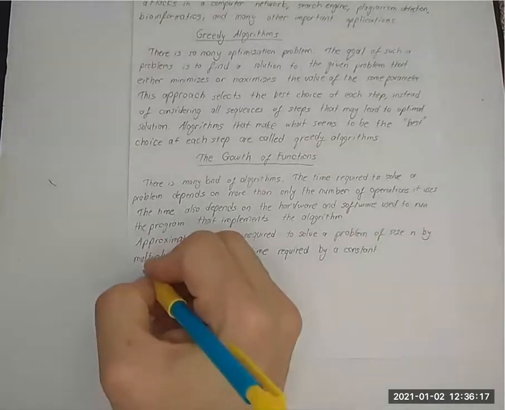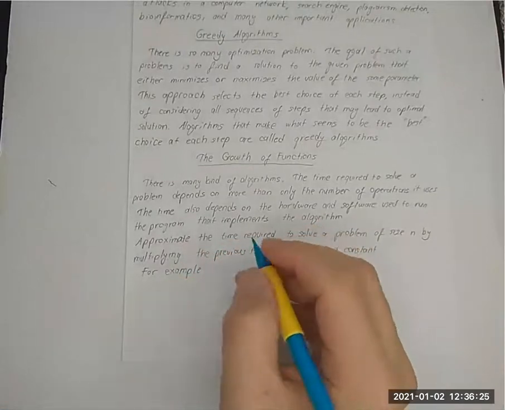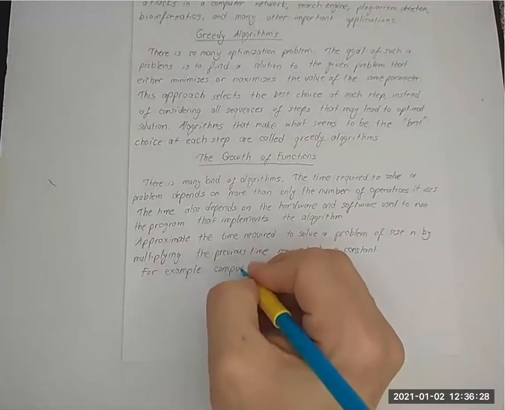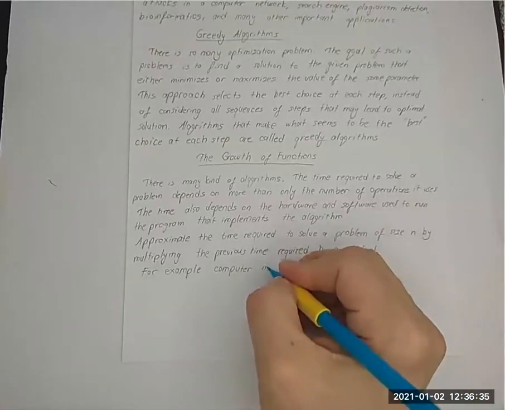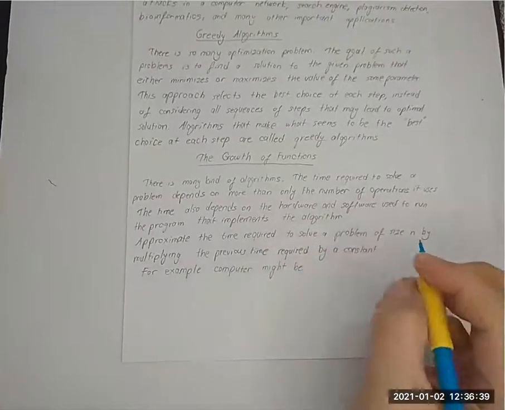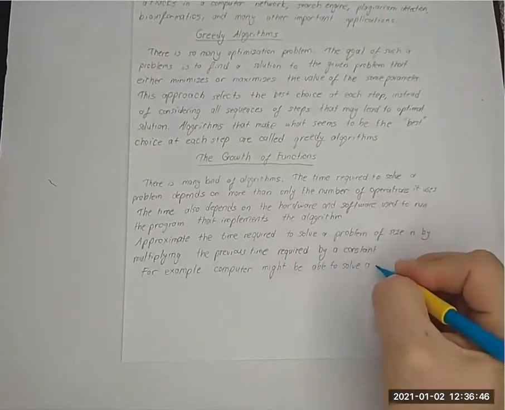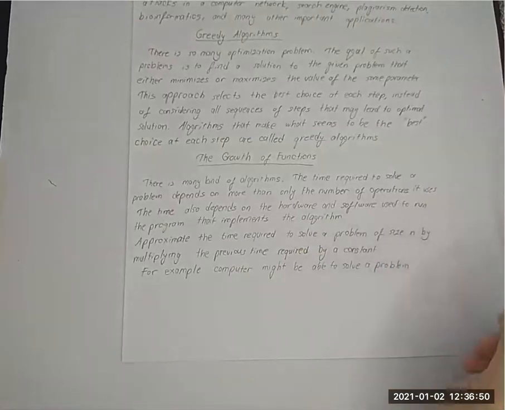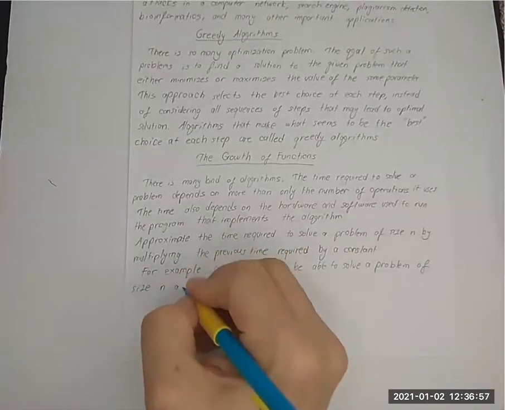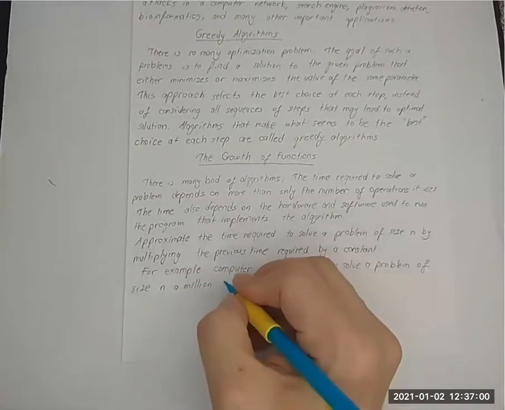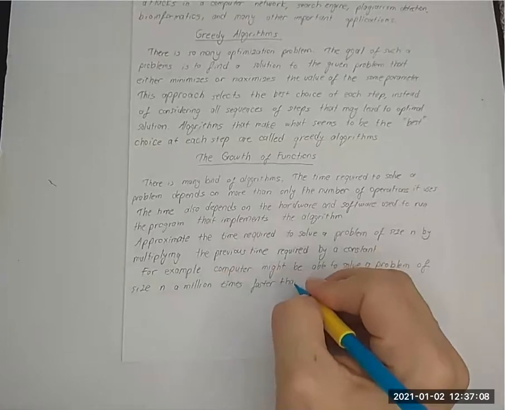For example, a computer, let's say, might be able to solve a problem of size n a million times faster than we can.